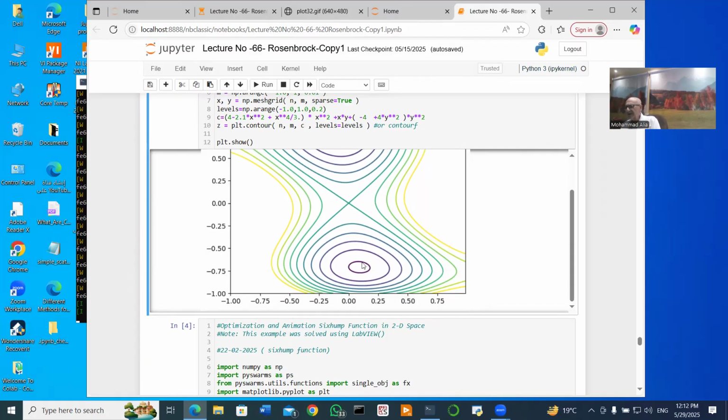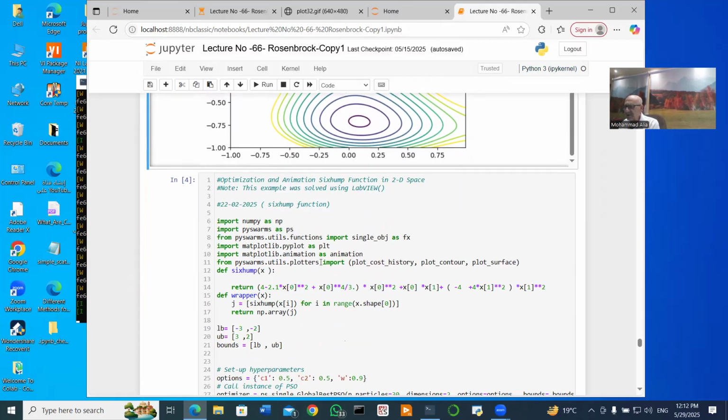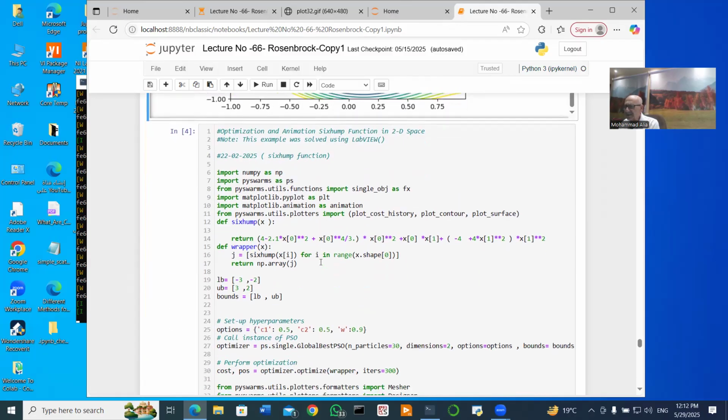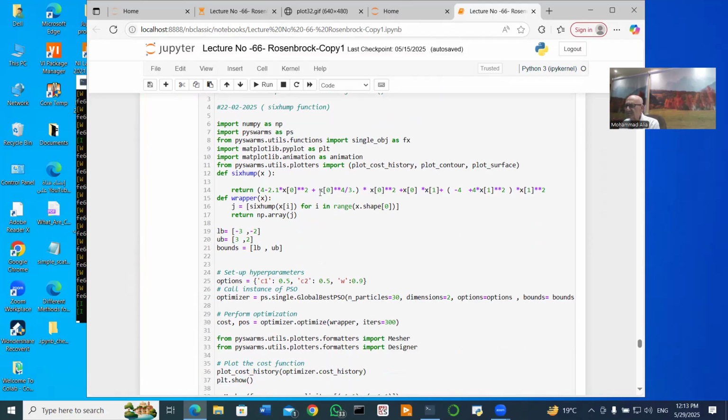But the exact value calculation and the exact value where the particles will gather will be seen just now when we optimize the function and animate it in a two-dimensional space. So what we are going to do now.